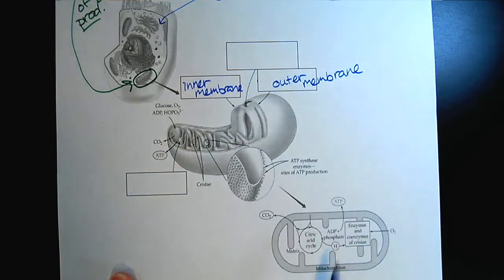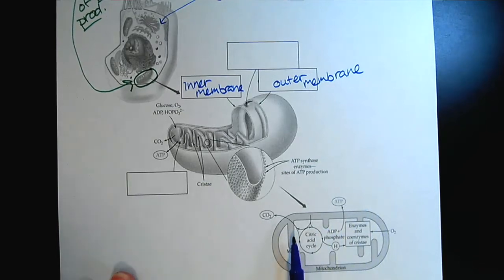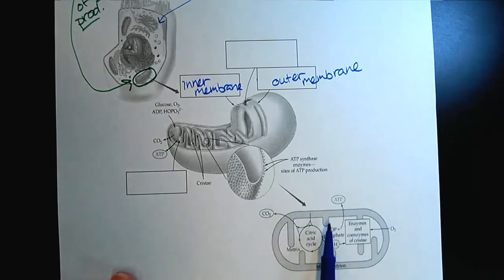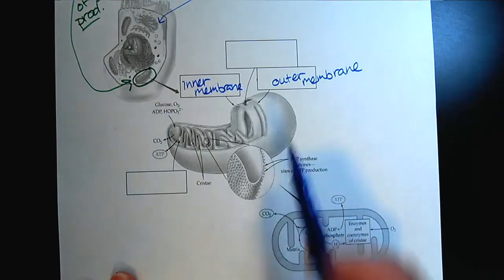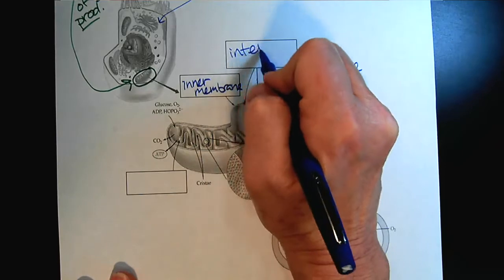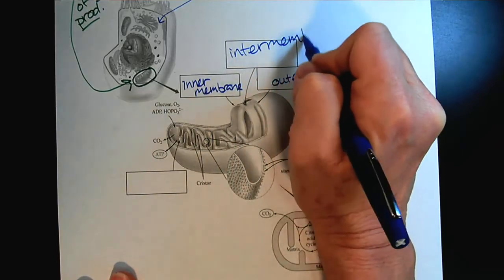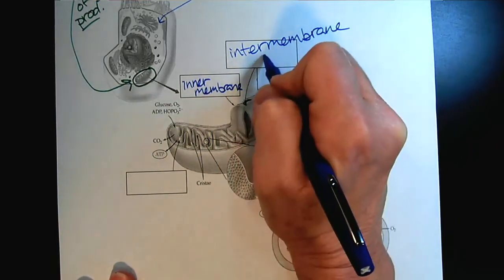Here we can see the cross section, with the outer and the inner membrane, and we see how the inner membrane folds in and creates all this surface area. And then there's also this gap in between, the space between the two membranes, the intermembrane space.